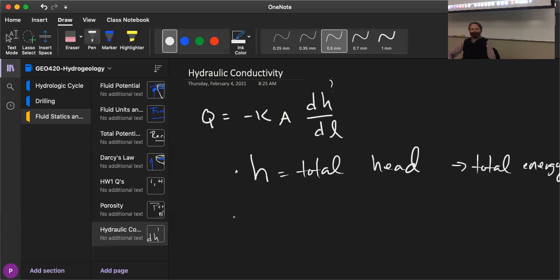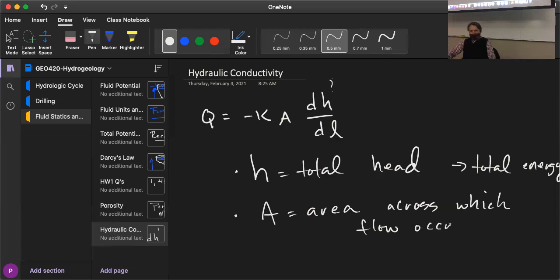All right. A is the area across which flow is occurring. This can be zoomed out more.